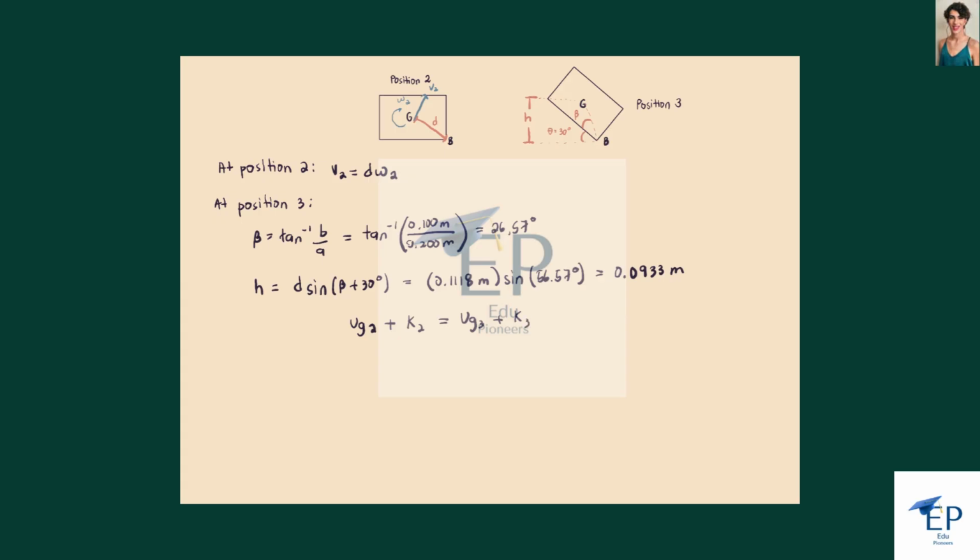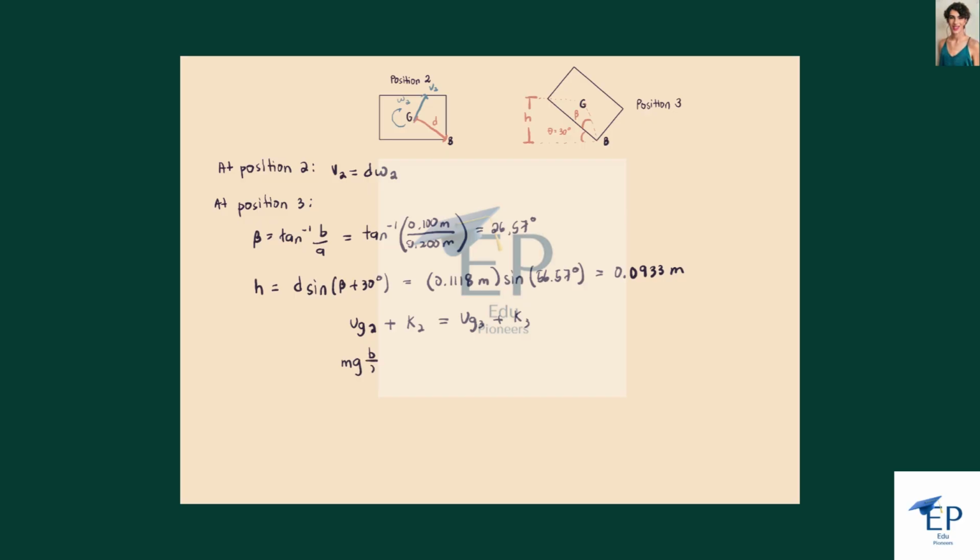Let's substitute the values. The potential energy at position 2 is mgh, where the center is at a distance of b over 2 away from point B, so h is equal to b over 2.